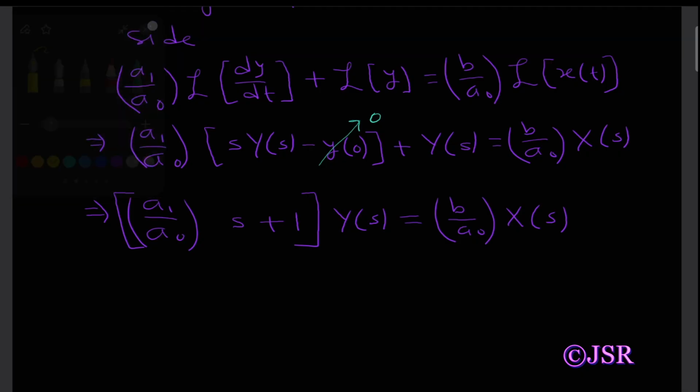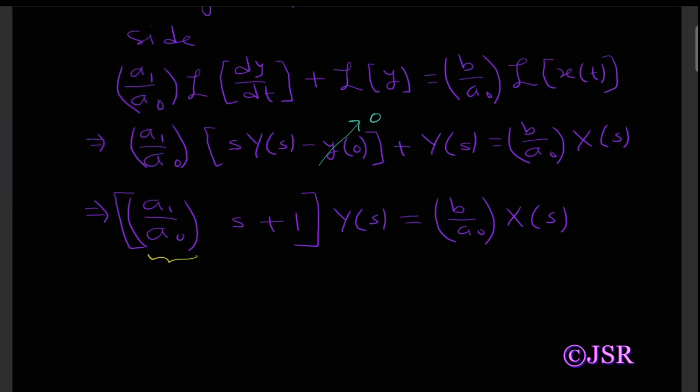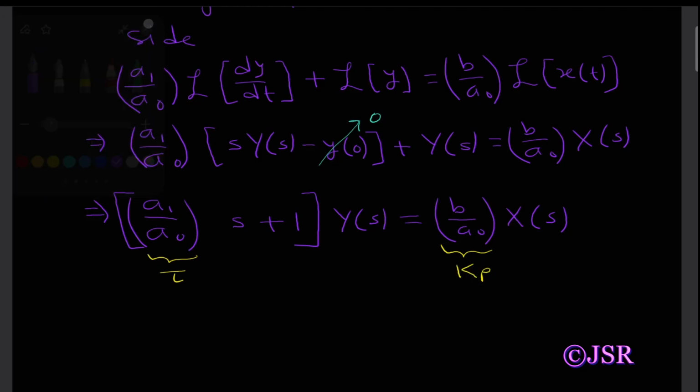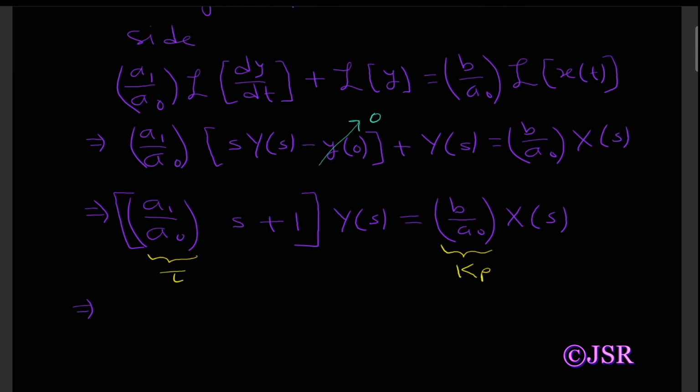So as we know that this is tau and this is kp, so we can write this as tau s plus 1 y of s equal to kp x of s.